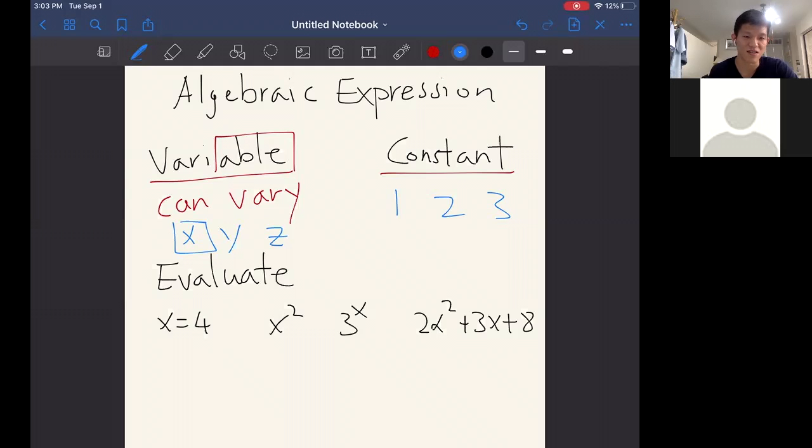So these are constants. So an algebraic expression is an expression that's made up of variables and constants. For example, if we have x plus 2, this is an algebraic expression because we have a variable that we don't know what it is, and we have a constant that we do know, this is number 2, okay?